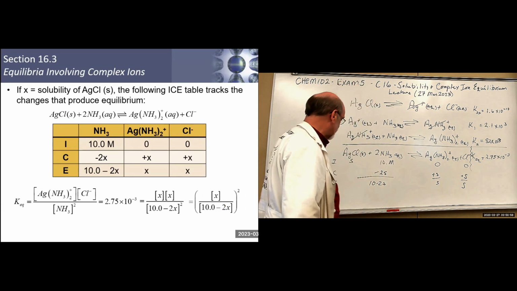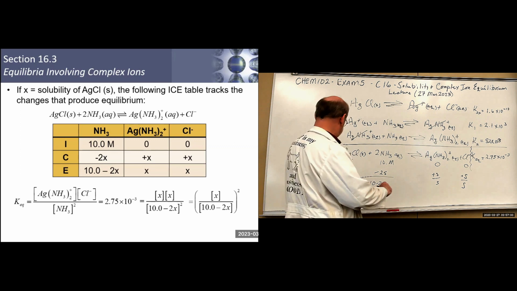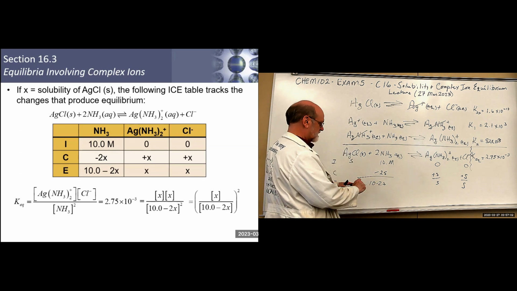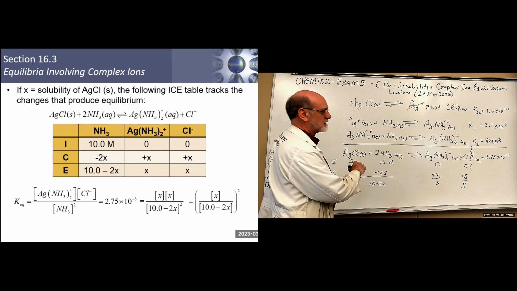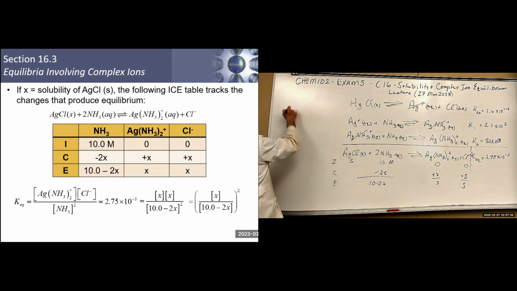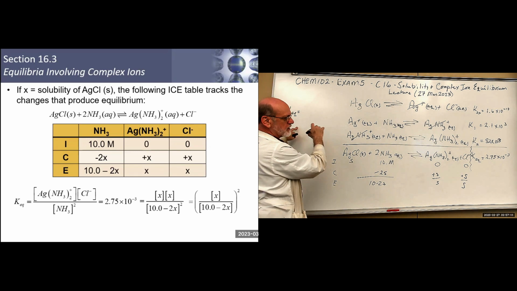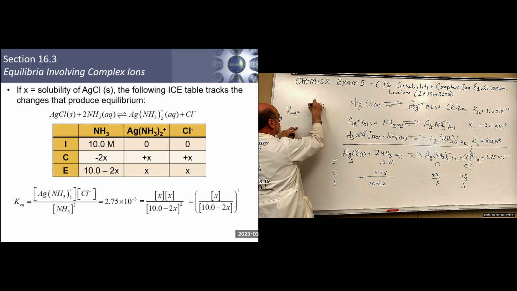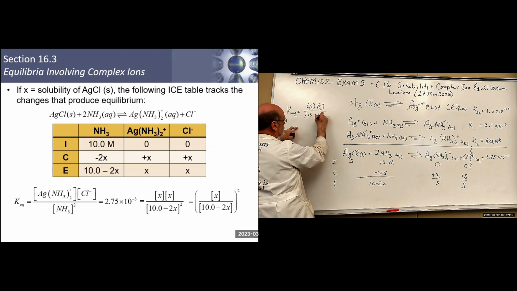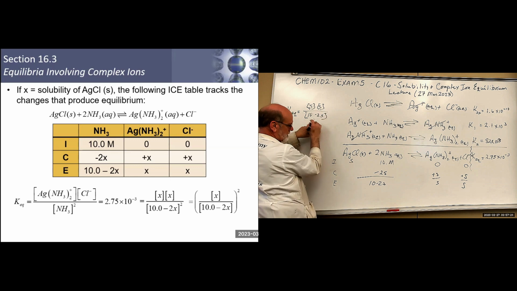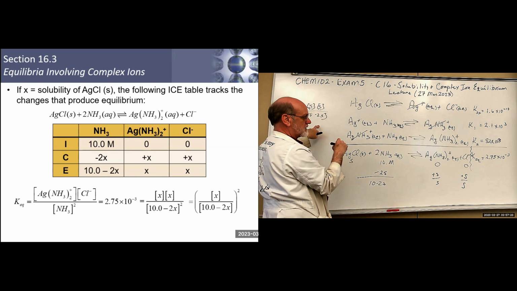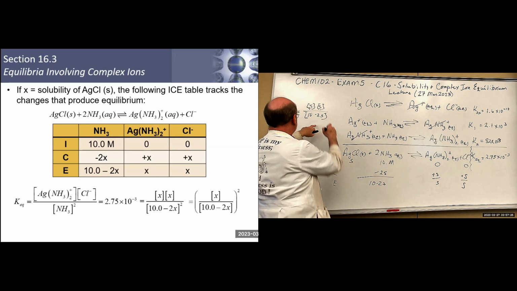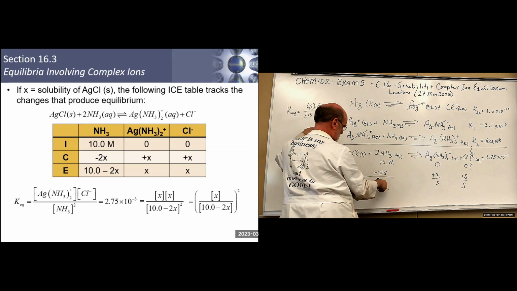Well, the nice thing about that expression is, this K_eq is equal to S times S over 10 minus 2S, and this is going to be squared because this is ammonia.